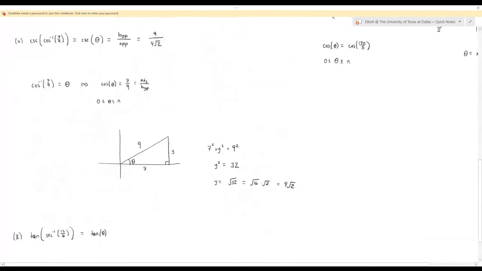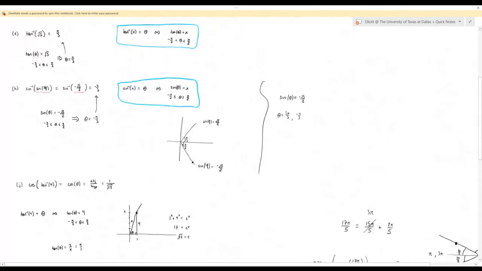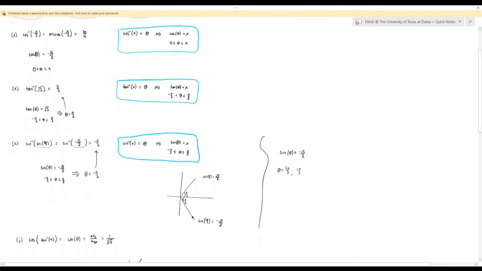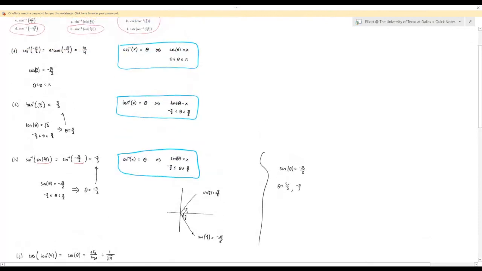Similar to tangent earlier, inverse tangent also had a strict inequality. The reason is that it's related to vertical asymptotes: tangent had vertical asymptotes at minus pi over 2 and pi over 2, so theta could not equal one of those two angles.